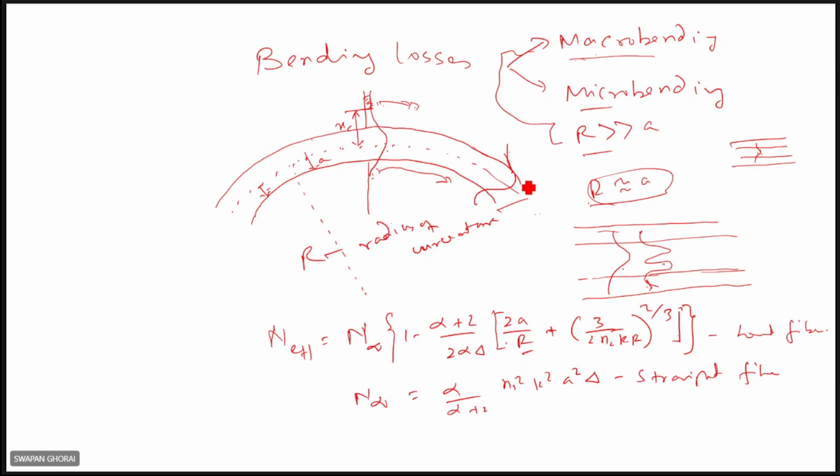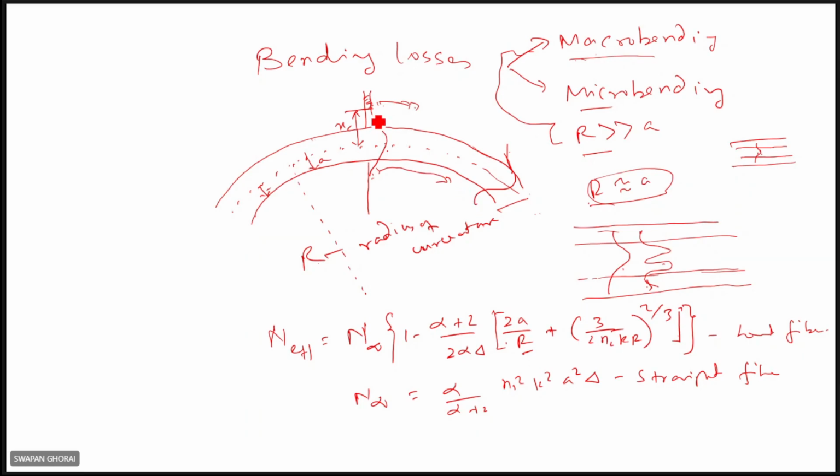The same mode structure can be kept only if this portion travels with greater velocity than the other portion, because the distance is larger. But light has some velocity, and that velocity cannot be greater than the velocity of light.